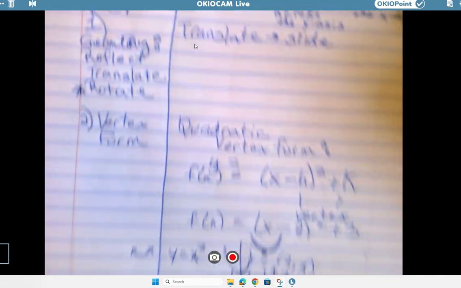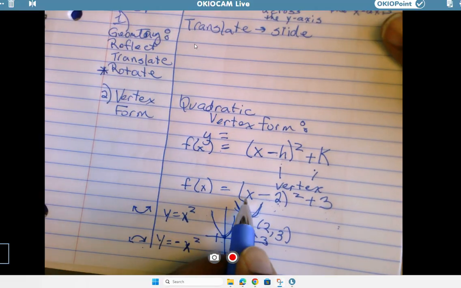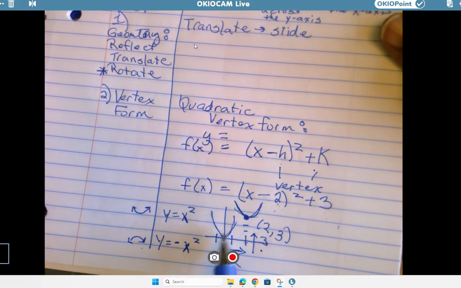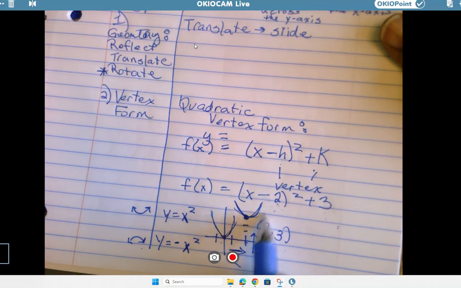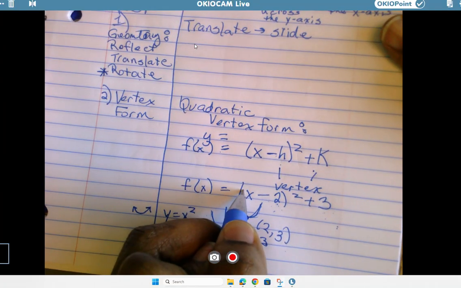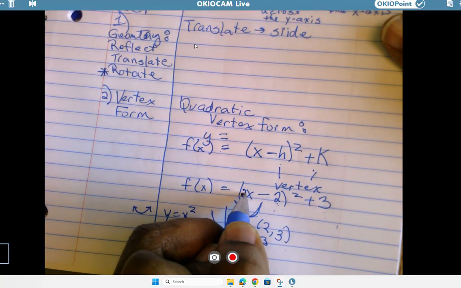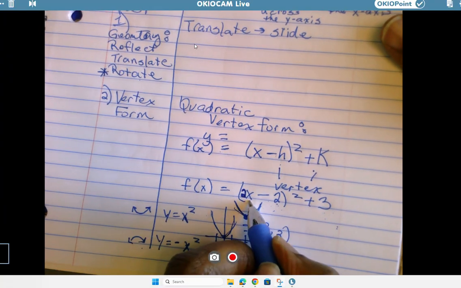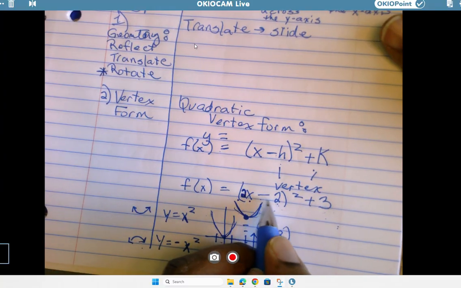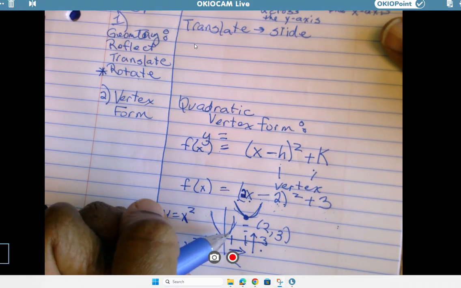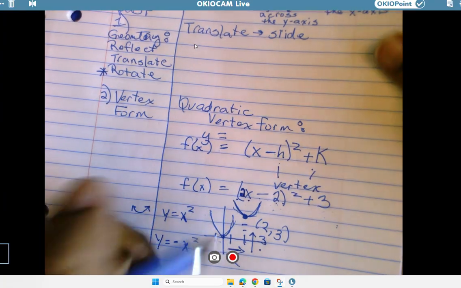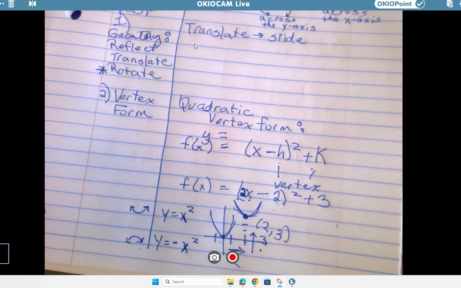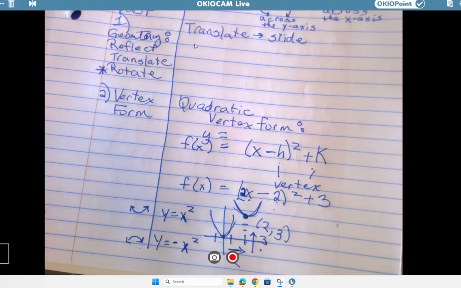Here's what's happening with number 3 on the parent function. Let's say you take this parabola, and we put a 2 here in the front. So now every value of x is doubled, and then 2 is taken away from it. That is going to make the graph skinnier and wider. So that is a compression, or is it a shrink? You get what I'm saying?